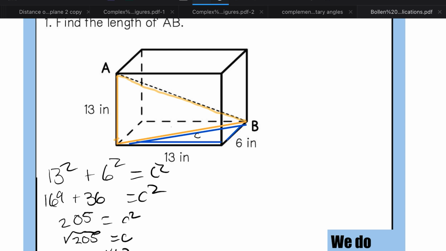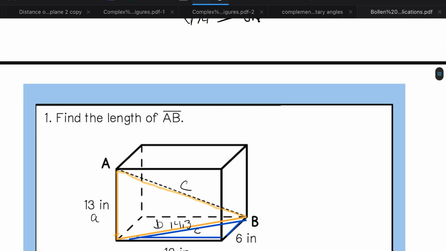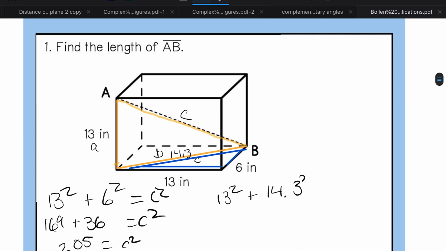Now that I know this is 14.3, I can plug it in as the B to this triangle here to find this distance C. And that is ultimately what I'm trying to find, AB. So I would get 13 squared plus 14.3 squared is equal to C squared.